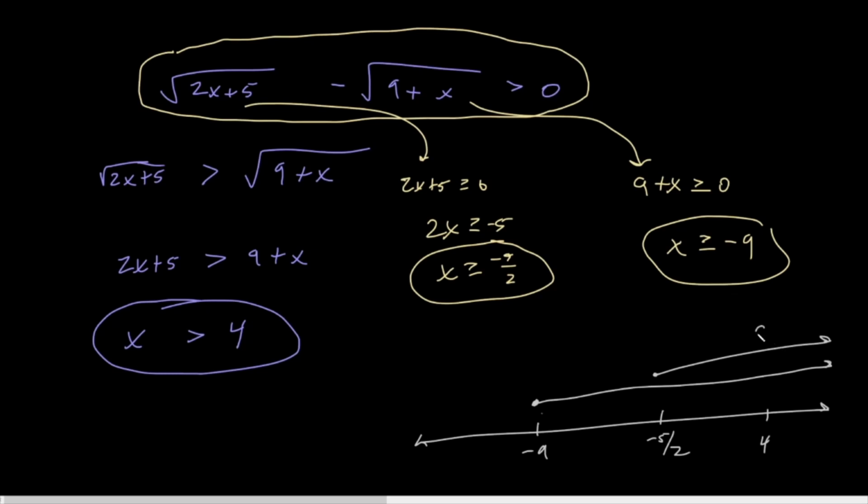And wouldn't this be an open dot? So we get 4 comma infinity. And on the previous example, I put a hard bracket on infinity. You never put a hard bracket on infinity. Sorry for the confusion. But the previous example, the answer was hard bracket 7 comma infinity soft bracket. Here's our answer here for this one.